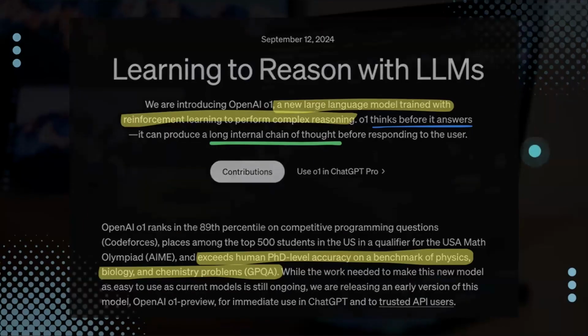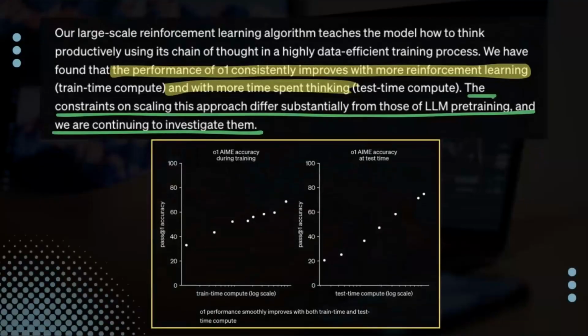And what is happening here, and that's so interesting, out at this edge, is that the performance of O1 consistently improves with more reinforcement learning, train time compute, and with more time spent thinking, test time compute. Watch these words. These are going to become more and more popular. The constraints on scaling this approach differ substantially from those of LLM pre-training, and we are continuing to investigate them.